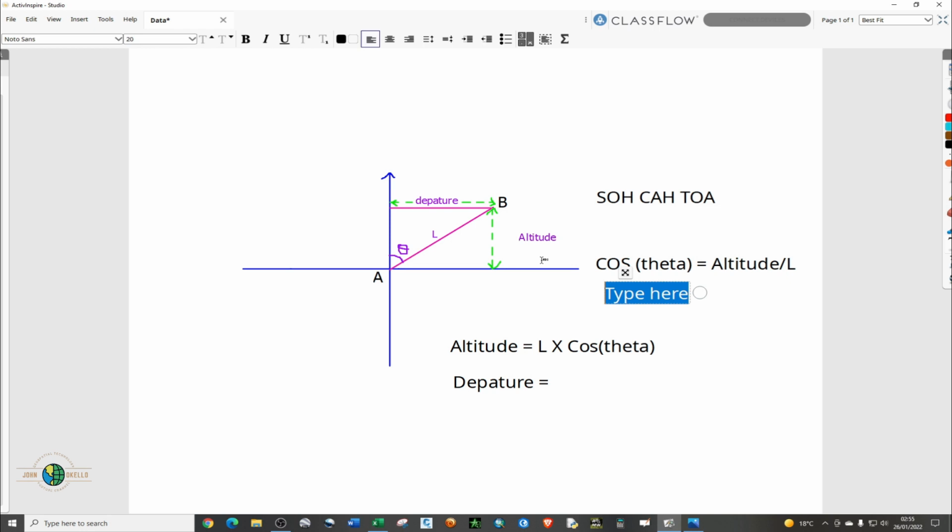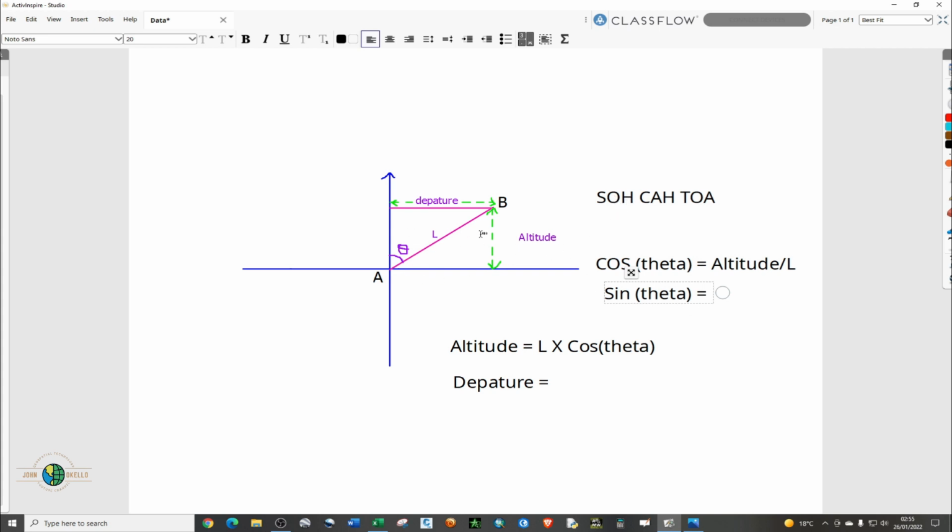So sine theta is equivalent to opposite over hypotenuse. This O stands for opposite, H stands for hypotenuse.